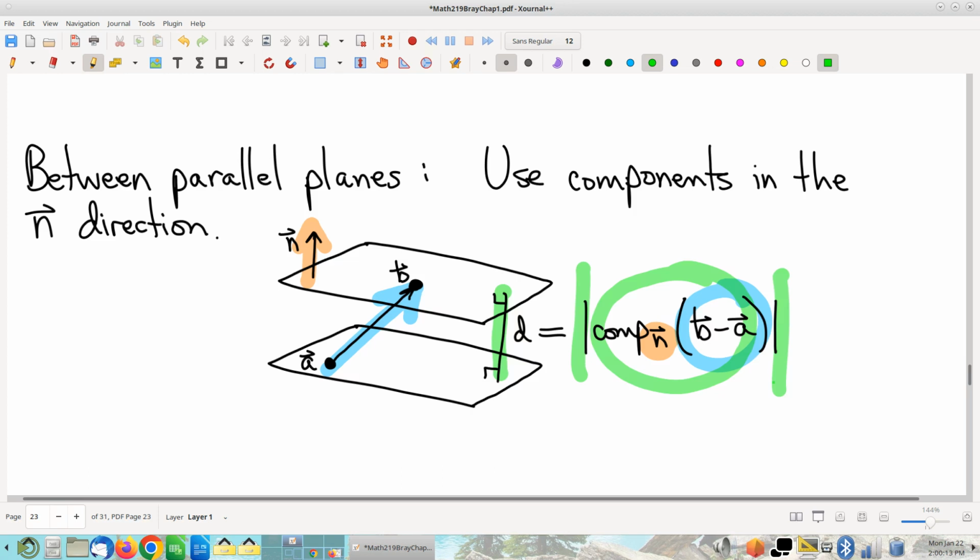So had this normal vector been pointing the other way, for example, the component would be negative. And all the negative means is that I arbitrarily picked the normal vector going the wrong way. The absolute value then would be what we would need. Everybody happy with that one? Okay. All righty. Moving along.